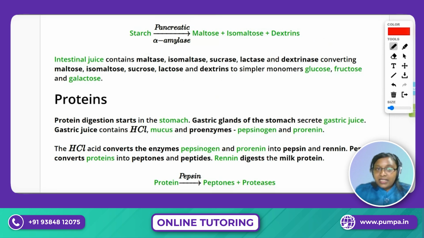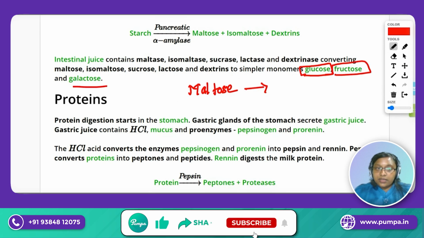And if something ends with ase, it will be the enzyme, and it will be acting on the maltose. If the maltase enzyme is acting on the maltose, it will be turned into a complete digestion, which is called glucose, or fructose and galactose.